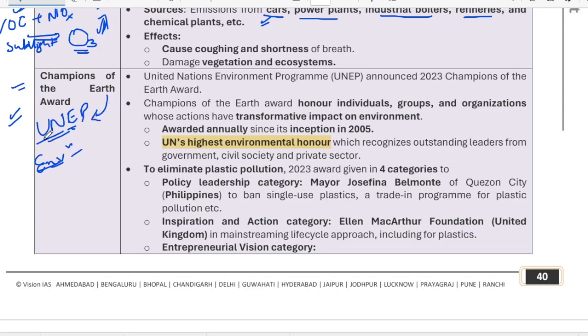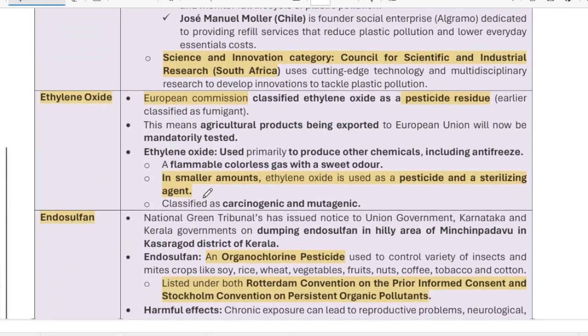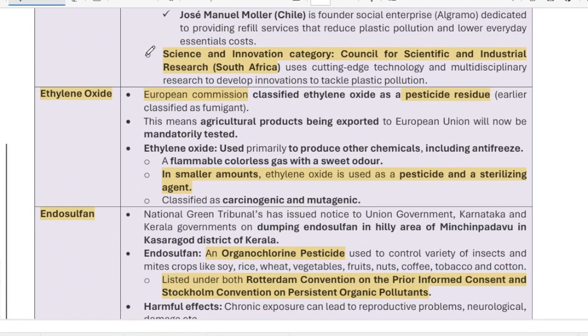Otherwise, nothing is important in this section. What is important is that in the Science and Innovation category, the Council of Scientific and Industrial Research, CSIR, has got this award for its project. This is important, otherwise everything else is not that important.